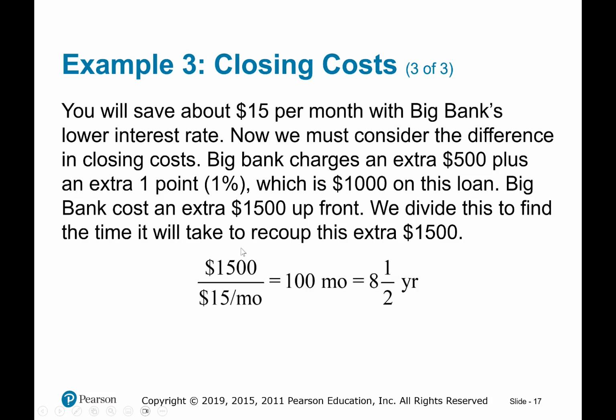So it's just a simple division. $1,500 divided by $15 per month, and that's going to be 100 months, which is 8.5 years. But it's a 30-year mortgage. So I'll make my money back in 8.5 years. So I'm definitely going to save money going with Big Bank's lower interest rate.